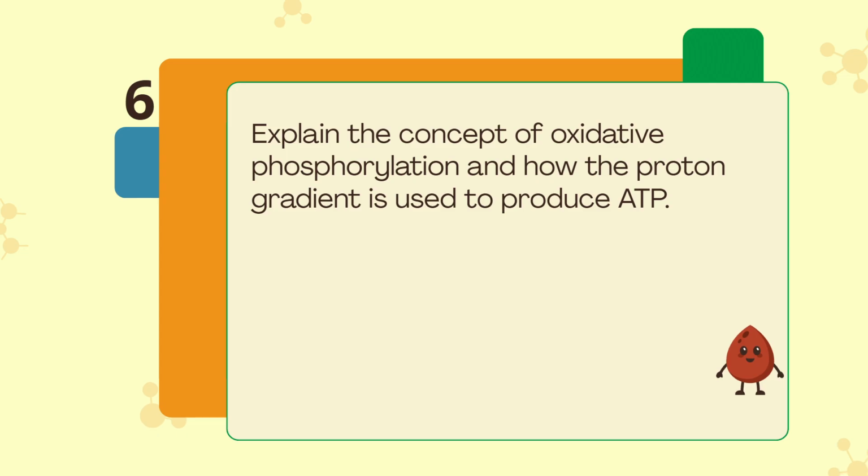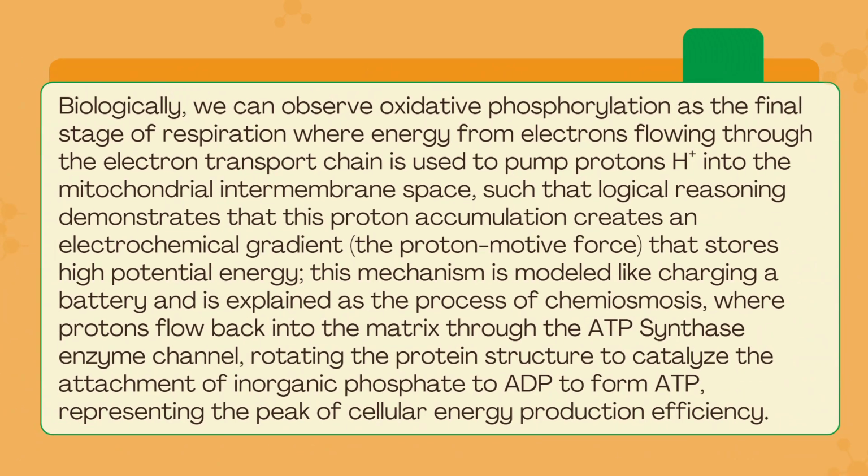Number 6, explain the concept of oxidative phosphorylation and how the proton gradient is used to produce ATP. Biologically, we can observe oxidative phosphorylation as the final stage of respiration, where energy from electrons flowing through the electron transport chain is used to pump protons, H plus, into the mitochondrial intermembrane space, such that logical reasoning will demonstrate that this proton accumulation creates an electrochemical gradient, the proton motive force, that stores high potential energy.